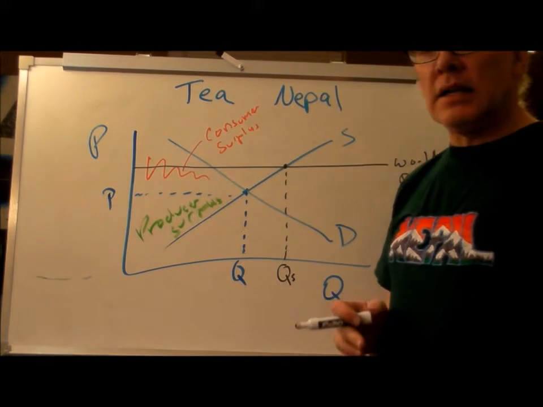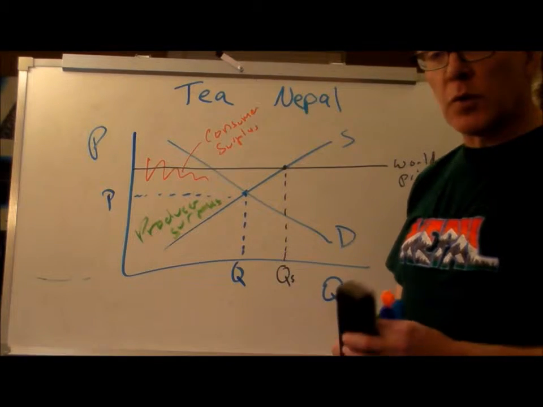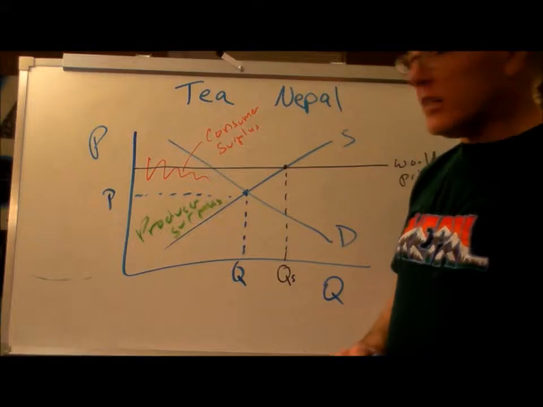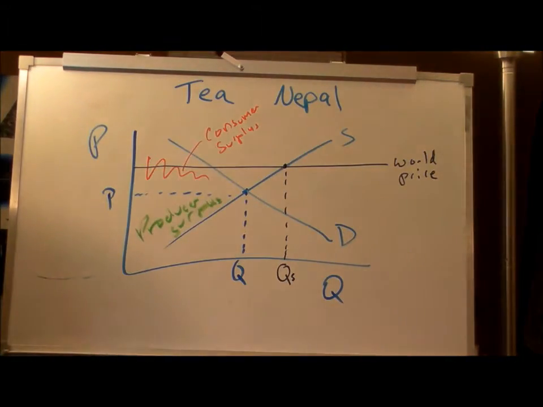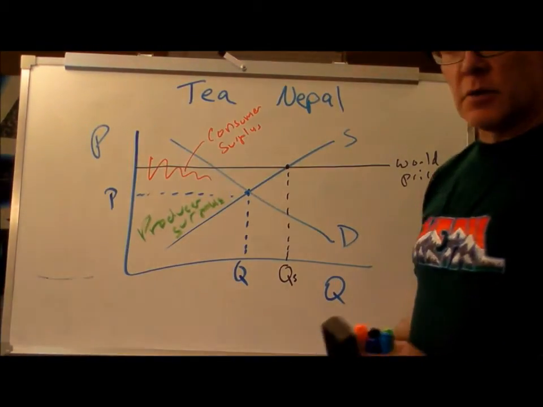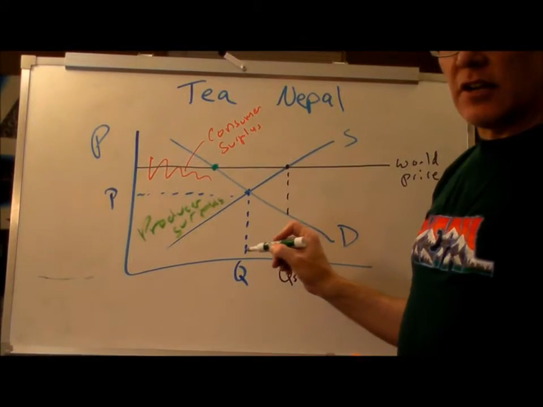Well, how much tea are the Nepalese going to want to drink at the world price? Again, that is very easy to figure out just by looking at this chart. They're going to want to consume tea at the world price of this amount, and that's where the demand curve intersects the world price.